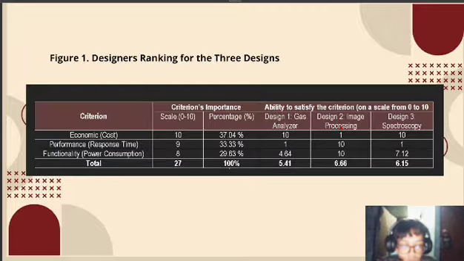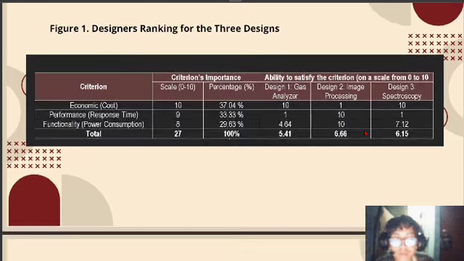For the design 2, the normalization we computed is equal to 10. For the design 3, it's equal to 1. For the last criterion, the functionality, its normalization for the design 1 is equal to 10. For the design 2, it's equal to 1. And for the design 3 is equal to 7.12.